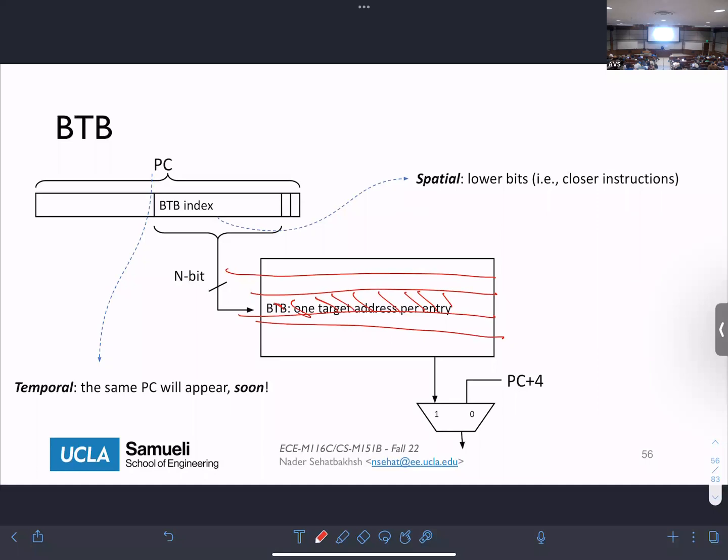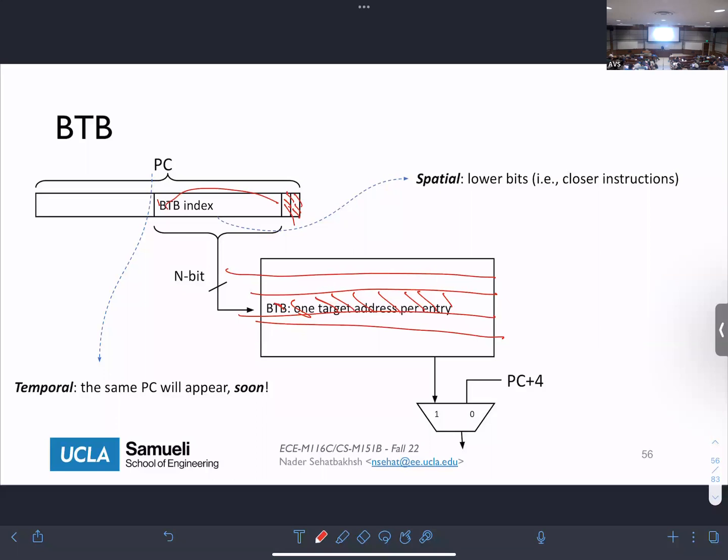The way that we're going to index this table is, first of all, we're not going to use the first 2 bits, because our PC always increases by PC plus 4, so we can just ignore the first 2 bits. We're then going to use these index bits to address the elements in our BTB.